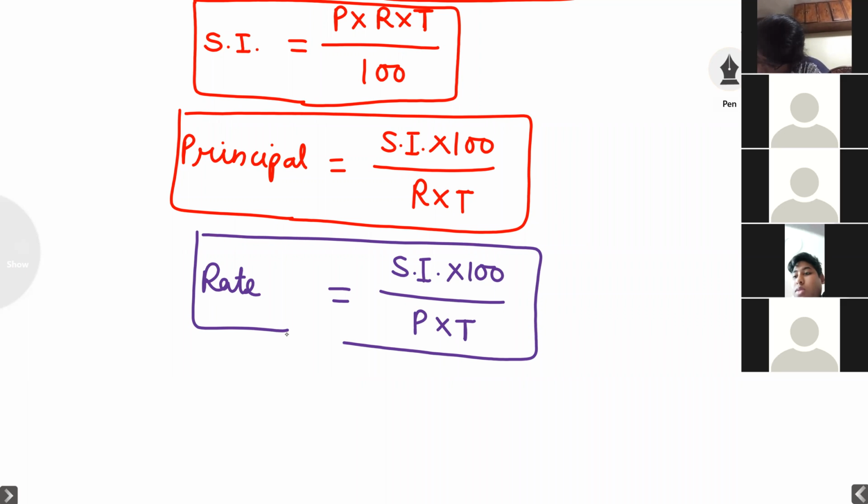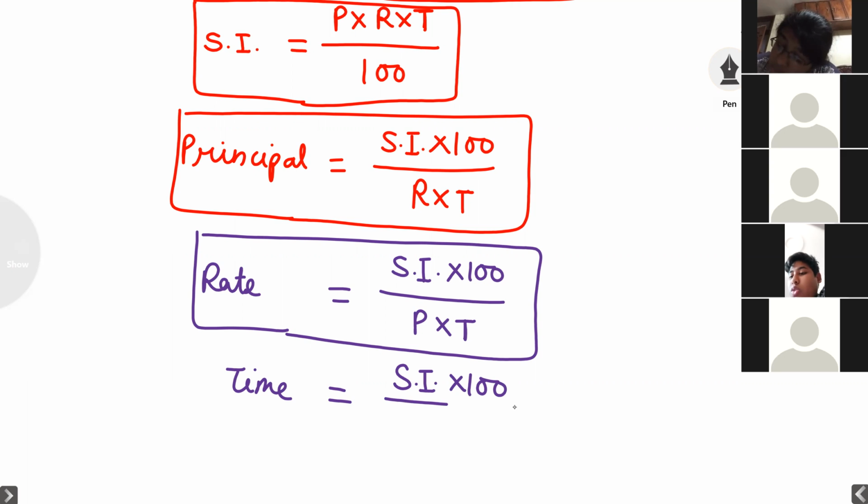Last formula, time is equal to SI into 100 whole divided by what will become here? Time we have taken. What is remaining?